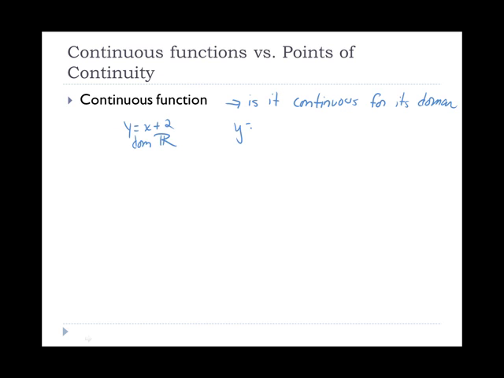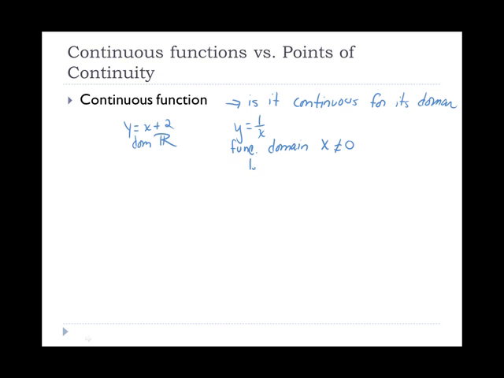But if I ask you about y equals 1 over x, that is a function whose domain is such that x cannot equal 0. So if I ask you, is this a continuous function? Okay, notice I'm saying continuous function. I'm not just saying, is it continuous?